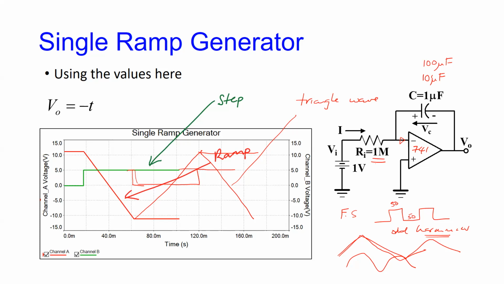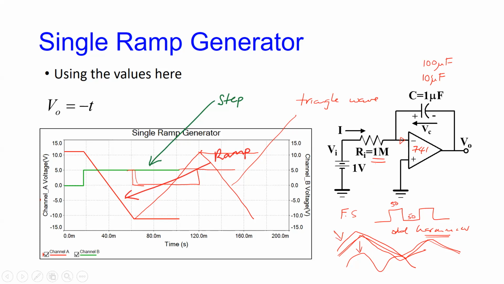You have to change the two capacitors at the same time or the two resistors at the same time. If you can find a way of creating a triangle wave, it's very easy to change the frequency of a triangle wave, as we'll see, with one component. And then if you know that, it's really electronically easy to go from a triangular wave to a sine wave. All right, so that's one of the applications.